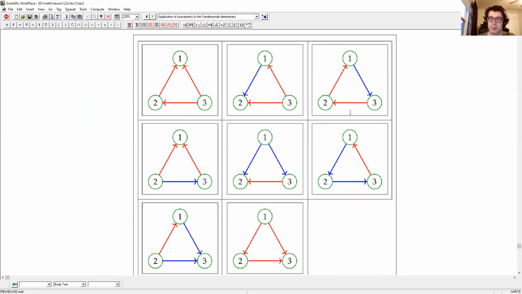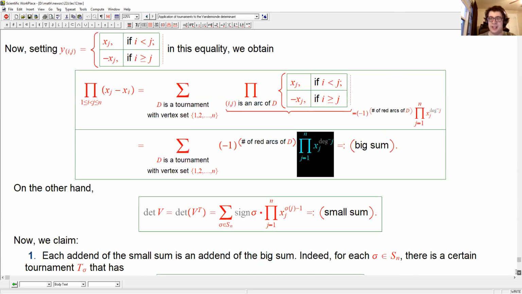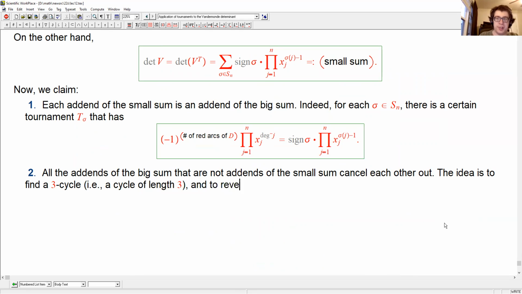So these two tournaments are obtained from each other by reversing the flow on this cycle. And this is actually the idea in the general case. So the idea is to find a 3-cycle, basically a cycle of length 3, and to reverse all arcs of the 3-cycle.